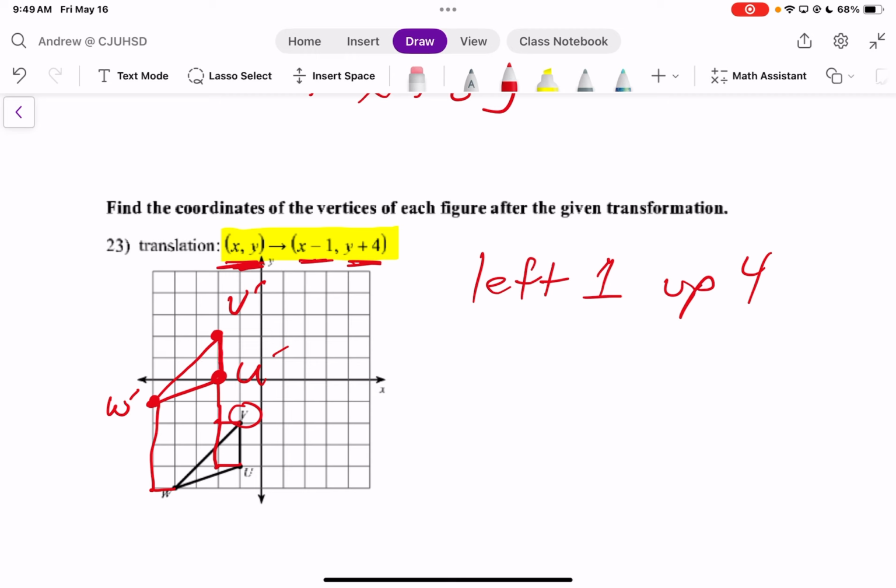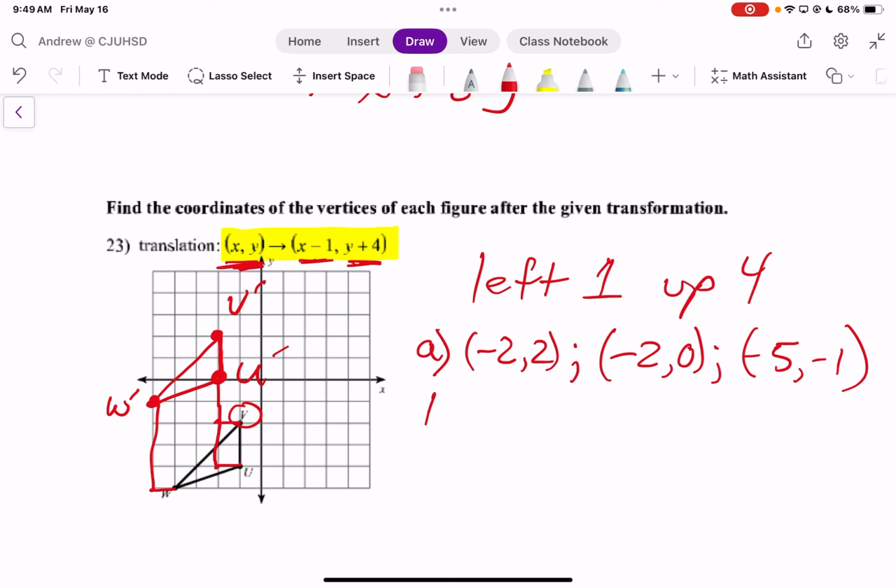What they'll do is, like, for example, on the multiple choice, part A might say, what are the coordinates of the 3 points? So v prime is at -2, 2. U prime is at -2, 0. And w prime is at, let's see, 1, 2, 3, 4, 5, -5, -1.